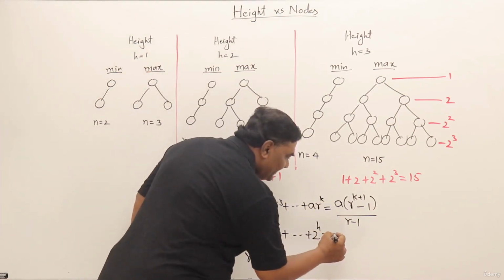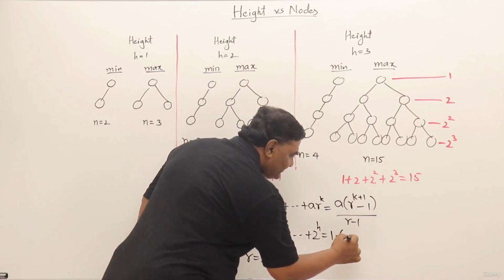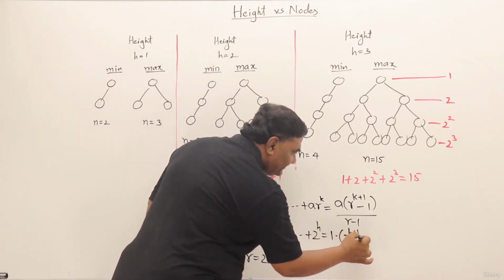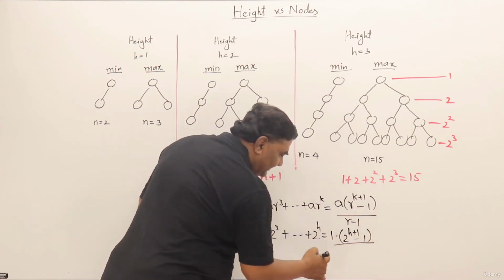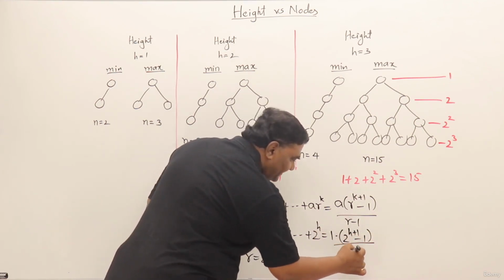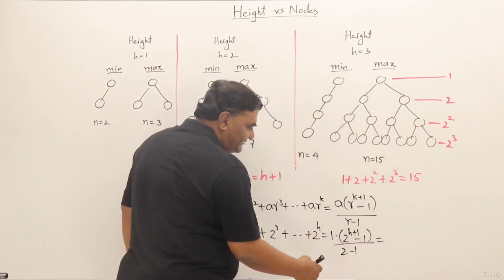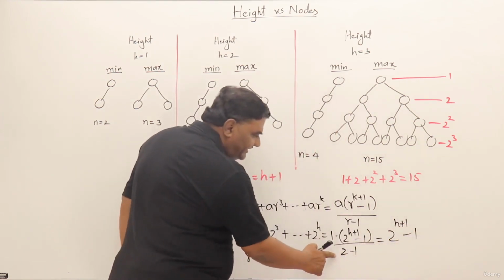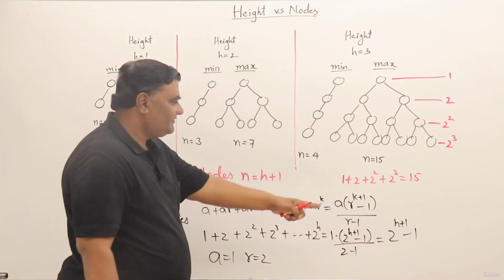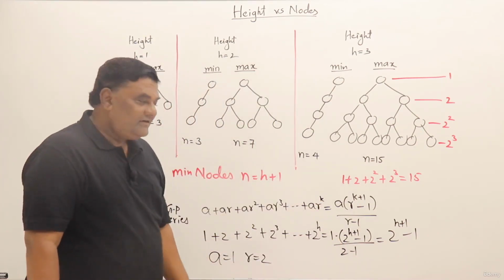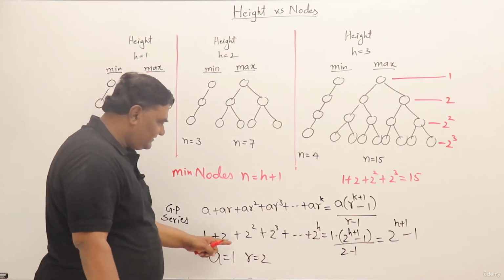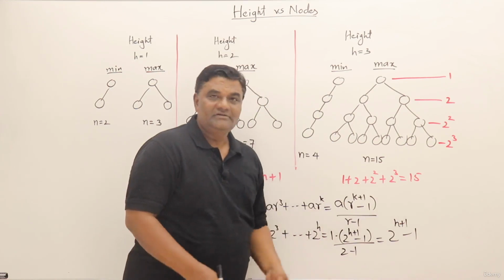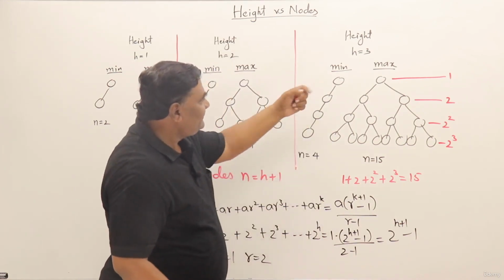So this is a is 1, r is 2 power, what is the maximum term I have taken? h plus 1 minus 1 by r is 2, so 2 minus 1. So if I simplify this, this is 2 power h plus 1 minus 1 divided by 2 minus 1, which is 1. So that is the answer. So if you take the sum of these terms up to h, then this is 2 power h plus 1 minus 1.